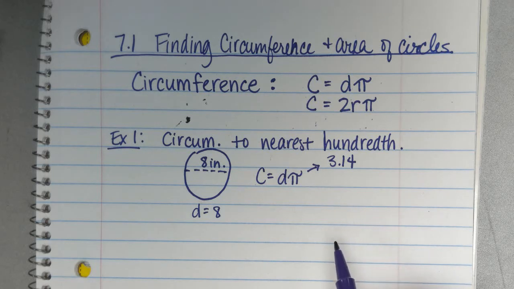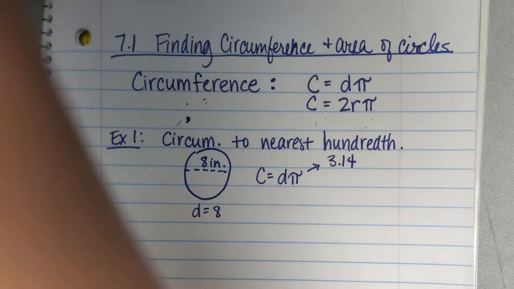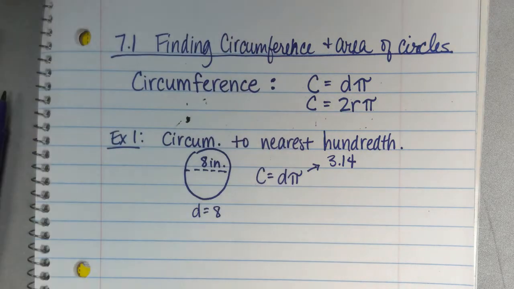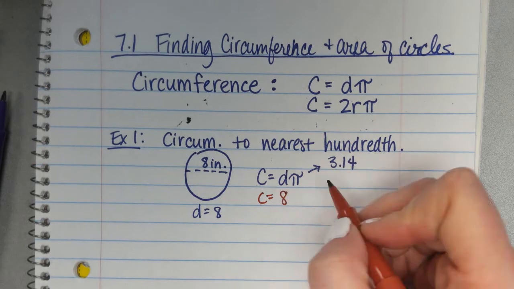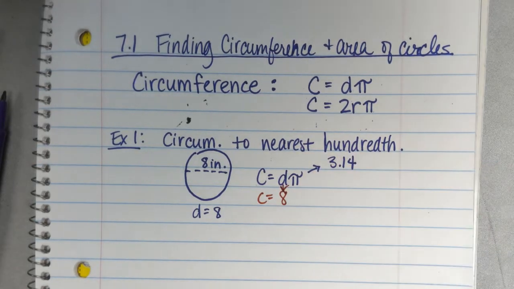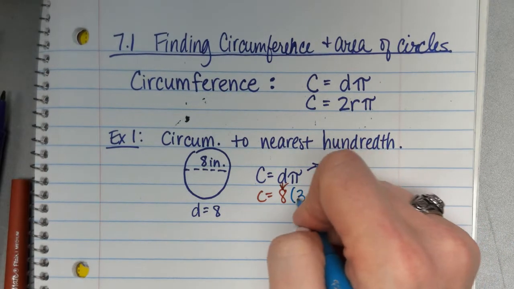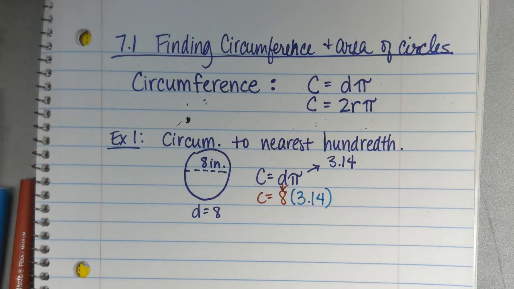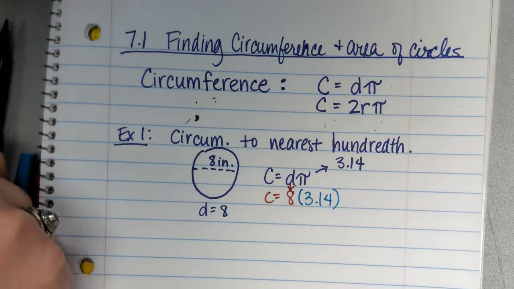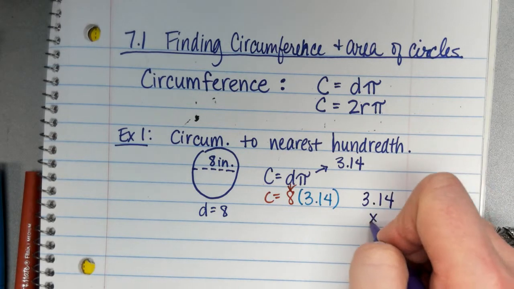So we're going to fill in what we have here. I'll switch colors just so you can see the difference. Trying to find C. We know the diameter is 8. And then pi is 3.14. Alright. So you can just do that simple math. 3.14 times 8.